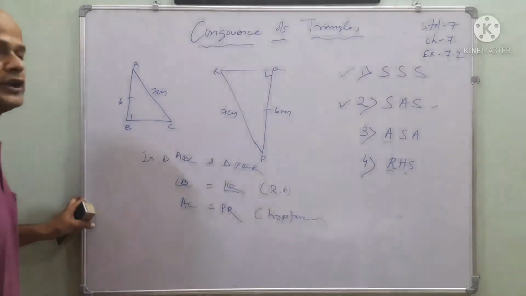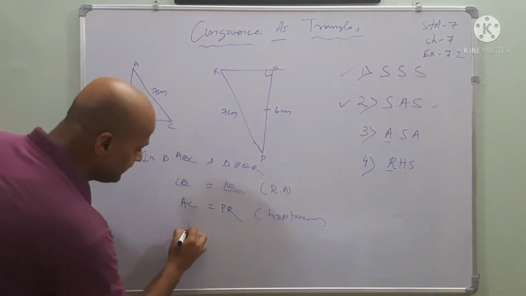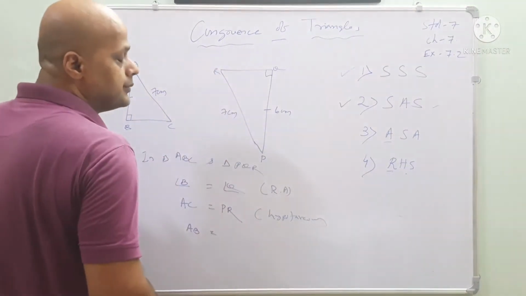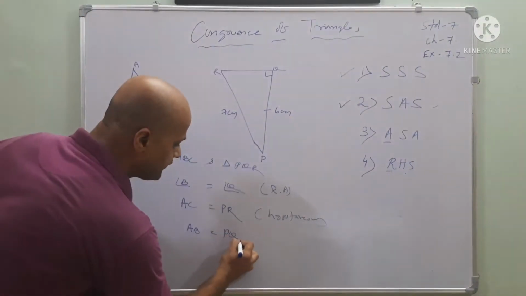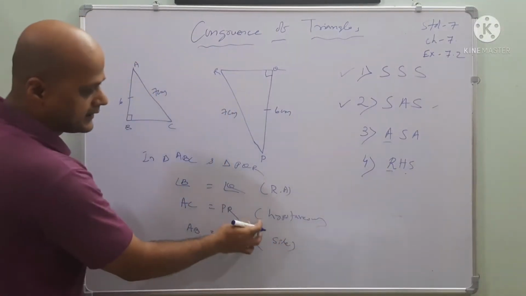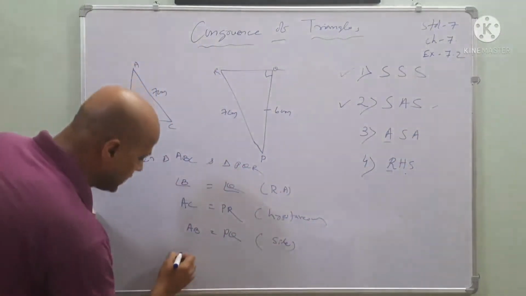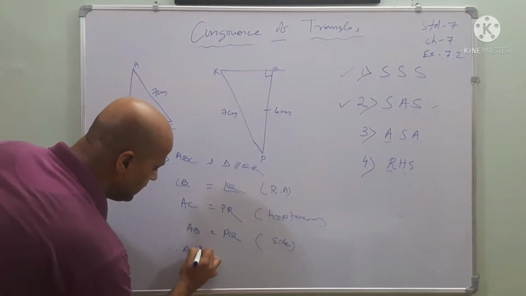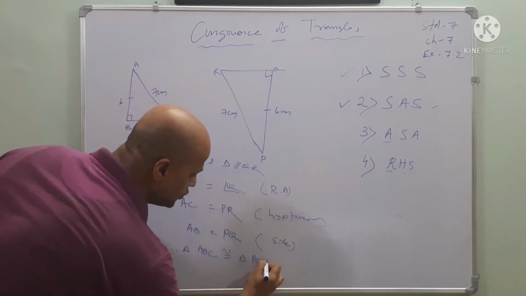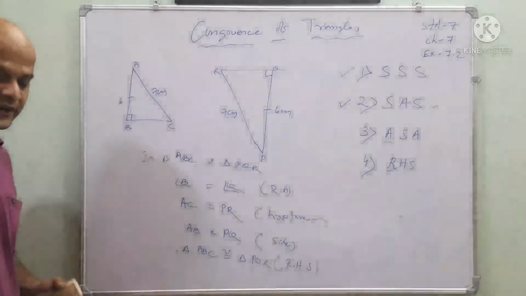Then third one is one side. What is the side? AB is equal to PQ of triangle PQR. This is side. Now right angle, hypotenuse, side has come, my dear friends. Then you have to write it. Therefore, triangle ABC is congruent to triangle PQR by which rule? RHS rule. Understood, my dear friends?